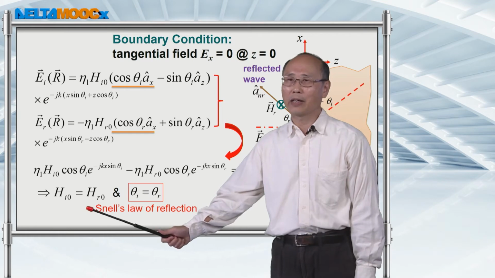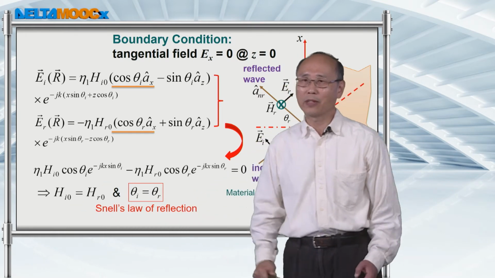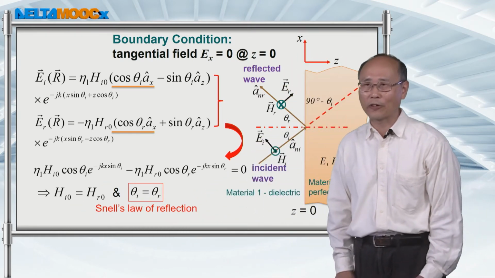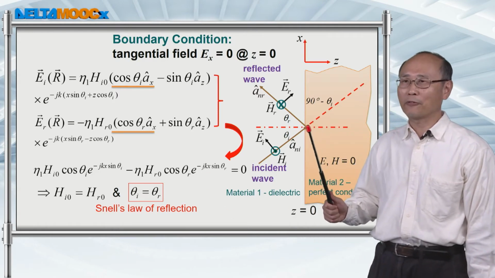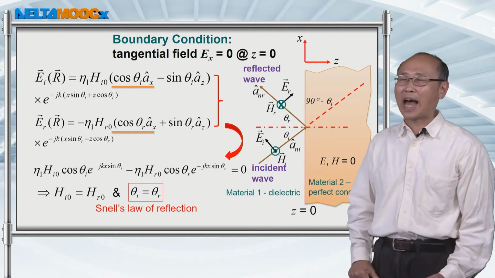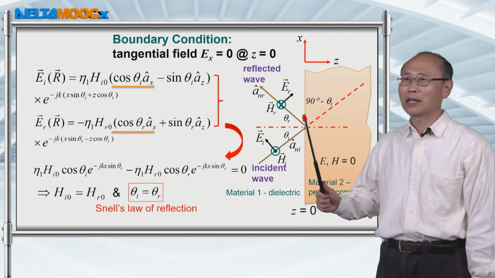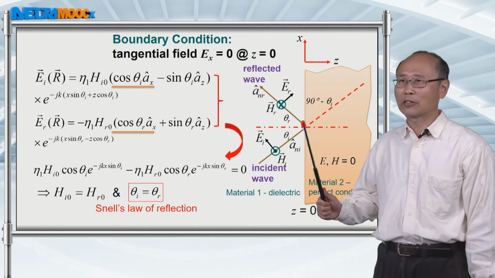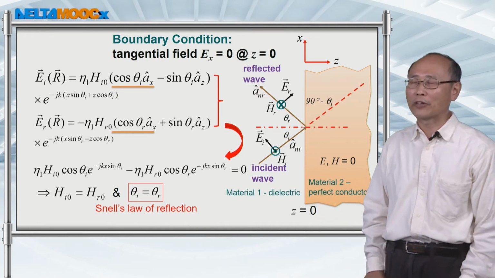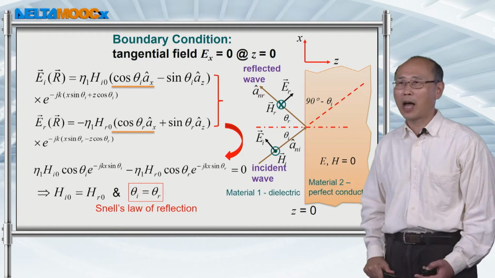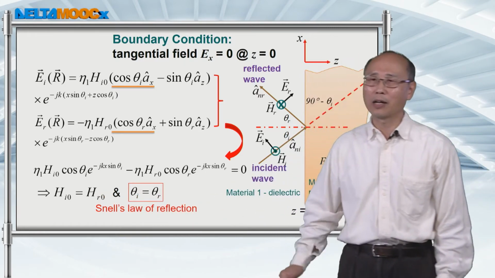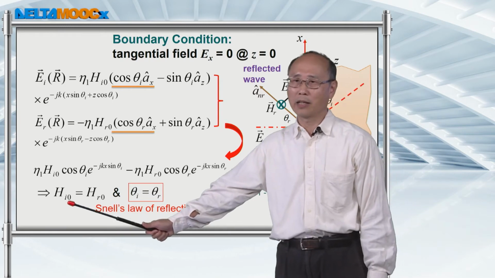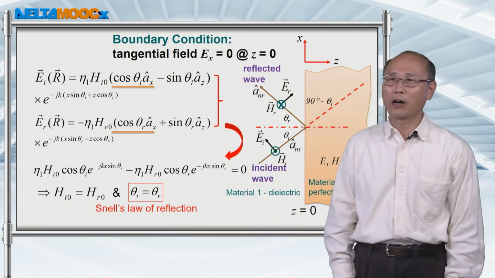But now, in this TM case, you don't have such a 180 degree out of phase. That is because on this surface, the magnetic field is maximum because of the surface current. But in the last case, the tangential component of the electric field on this surface has to be equal to 0. So that's why, in this case, H_I and H_R are in phase.